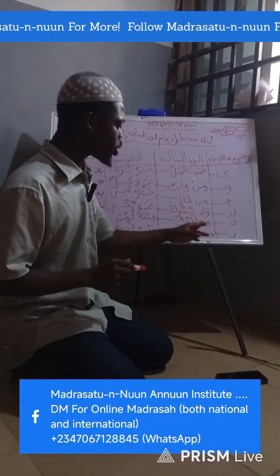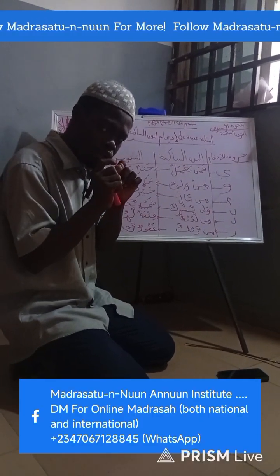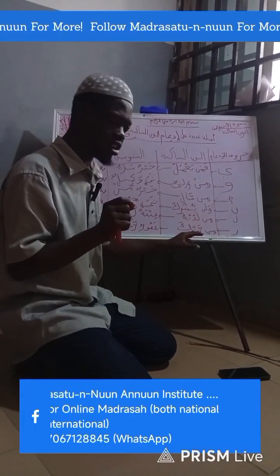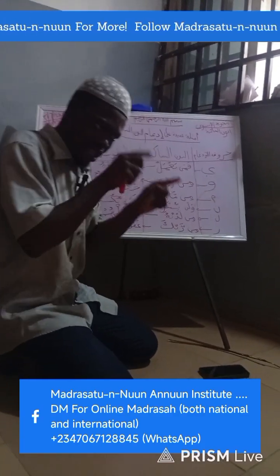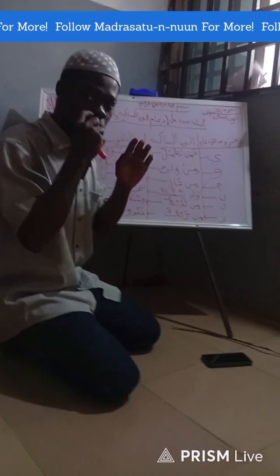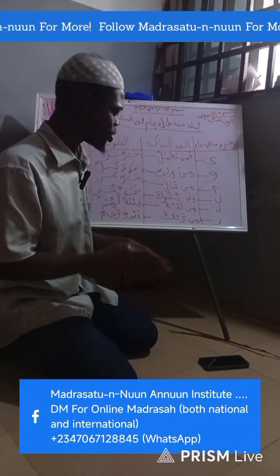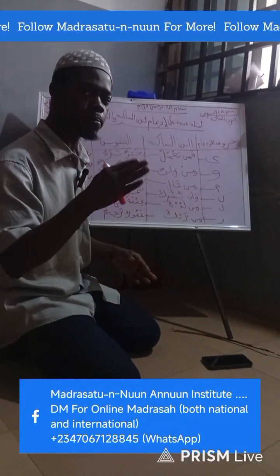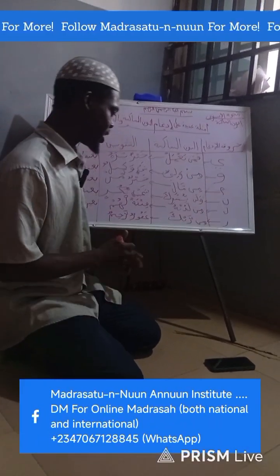Why? Because you see the point of articulation for noon, and the lam and ra are so close. When you want to insert this, it will be very perfect. So that's why we have mir.